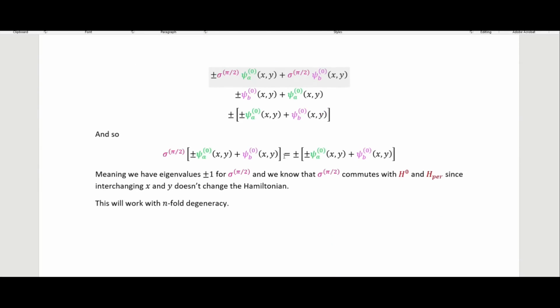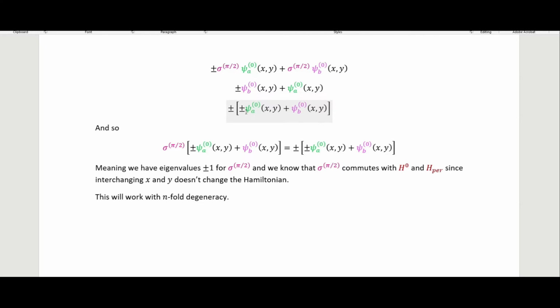So we can see that we end up with this linear combination right here. So this plus or minus, and that's plus or minus psi sub a plus psi sub b. And so when we act our reflection operator on this, we just get the same thing back right here.